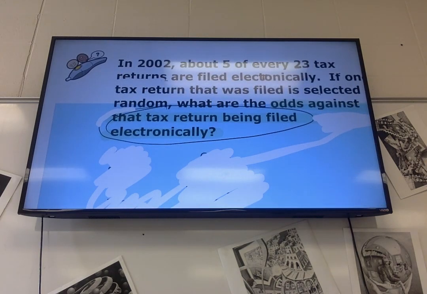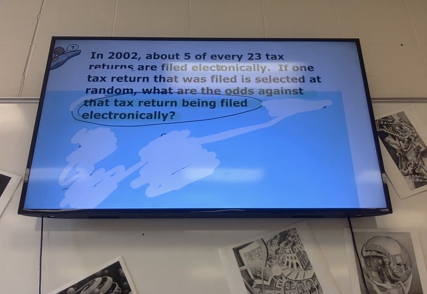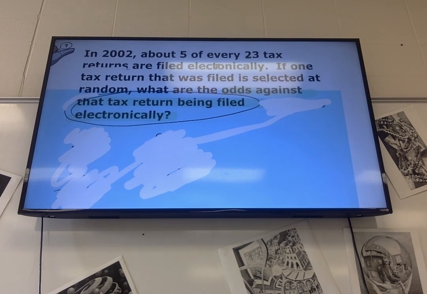All right, there's a lot of scribbling on this one. I apologize. I had a hard time finding the blank one. You can just jot down what you need out of this, or you can jot it all down. But just to read it to you, because it's kind of hard to read. In 2002, about 5 of every 23 tax returns are filed electronically. That's in 2002. I would say by now, almost all of them are filed electronically.